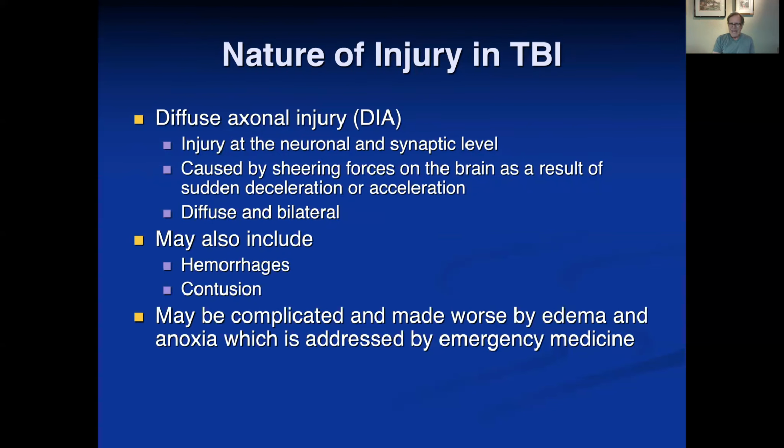Traumatic brain injury may also include hemorrhages and contusions. You know what hemorrhages are. Blood is leaking from vessels into the brain tissue, and a contusion is a bruise. And those will show up on a CT scan. DAI will not. What happens with DAI is that the initial CT scan is normal.